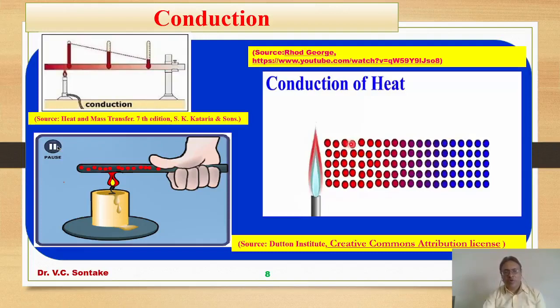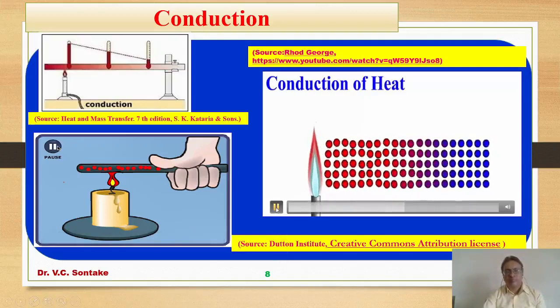This process goes on and on from molecules in each column, and is continued till the heat is transferred to the molecules at the right hand end of the rod. So now you can see.